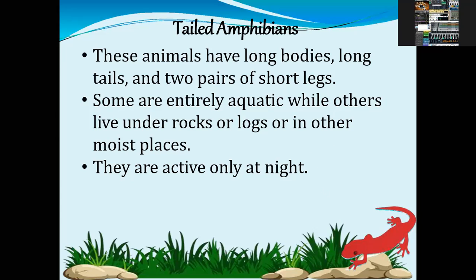Two pairs of short legs, that means four legs are there. We remember a lizard: the body is very long, with two pairs of short legs. Some are entirely aquatic, which means they spend most of the time in water, and some others live in rock or logs.